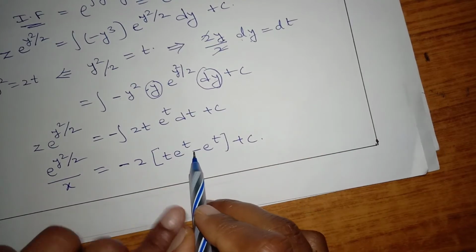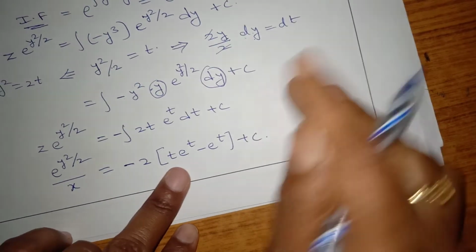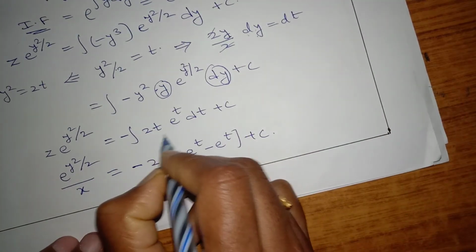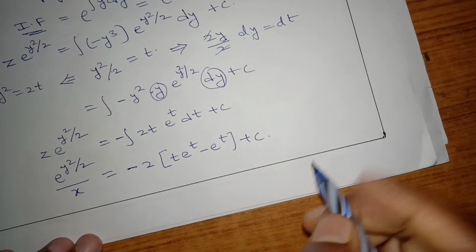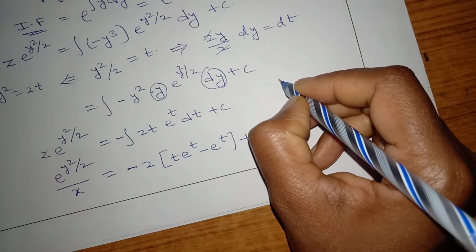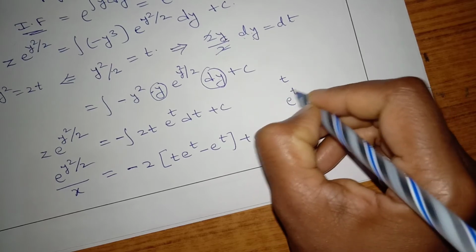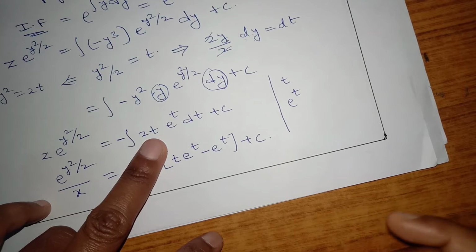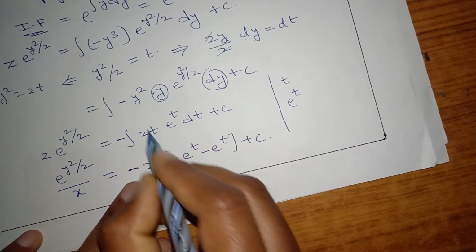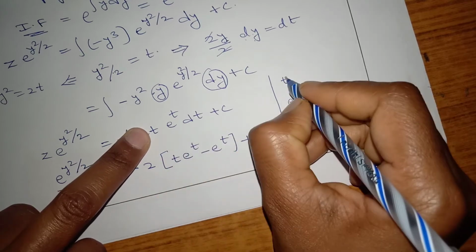See, I will explain this here. This is a UV form, integration of UV form. We can solve this by taking t and e power t. This is a shortcut actually to solve the UV form of integration. 2 is common.